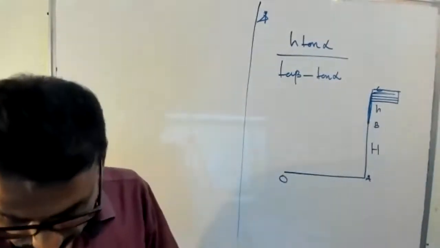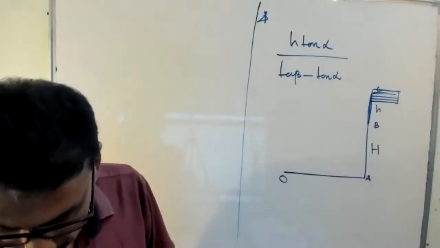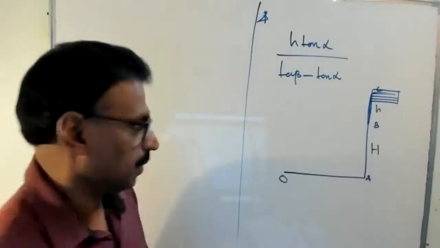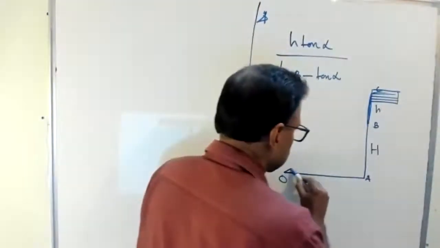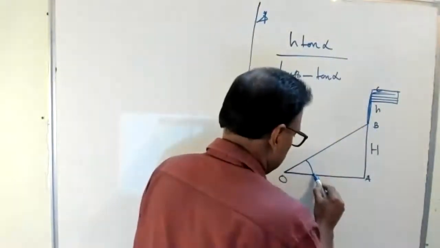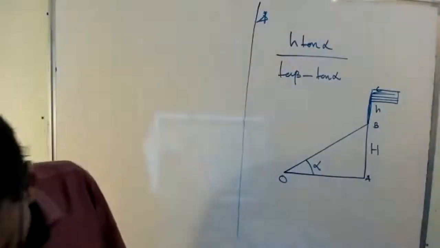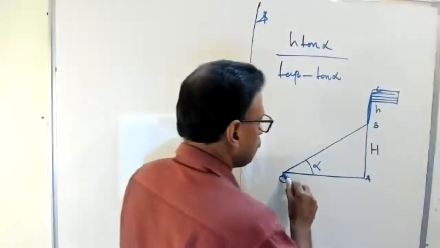Then at a point, the angle of elevation of the top of the flagstaff here is alpha. This is alpha. The second point is beta.